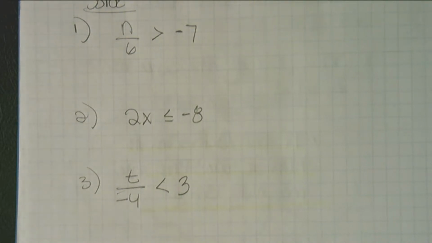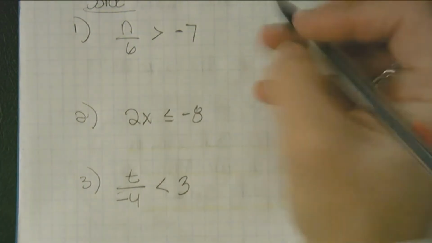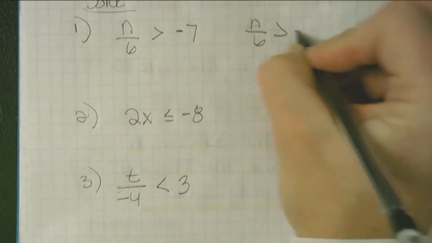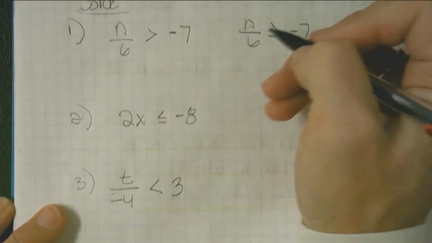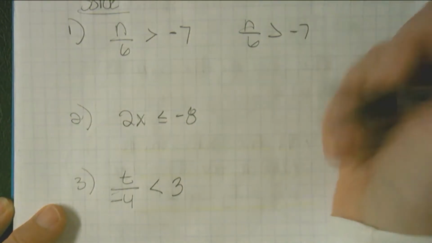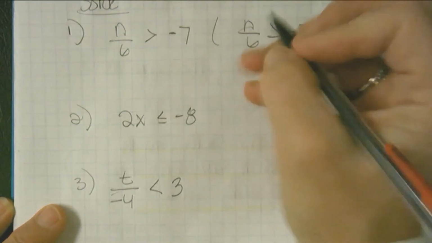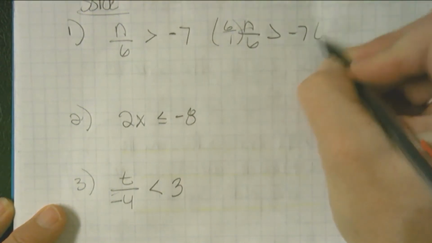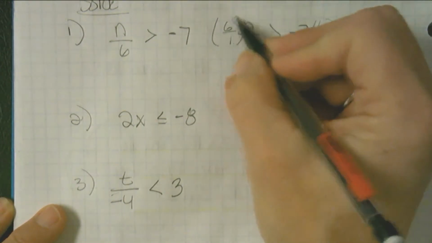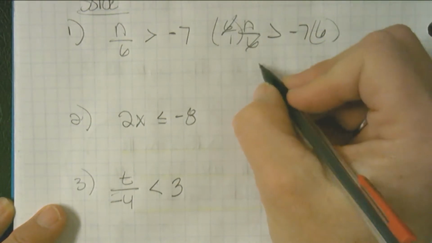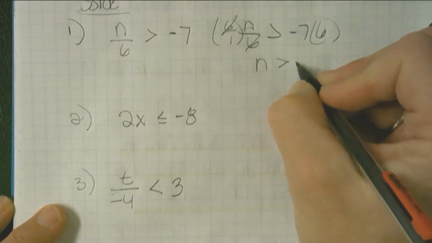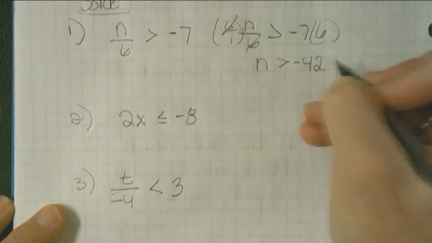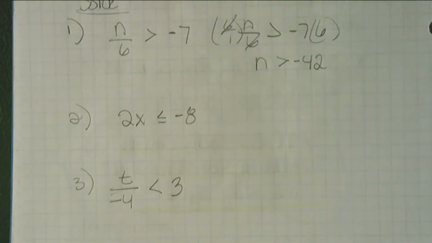Okay, someone tell me what to do on that first one. Valentina? Excellent. Do I flip the inequality? No, why? Correct.